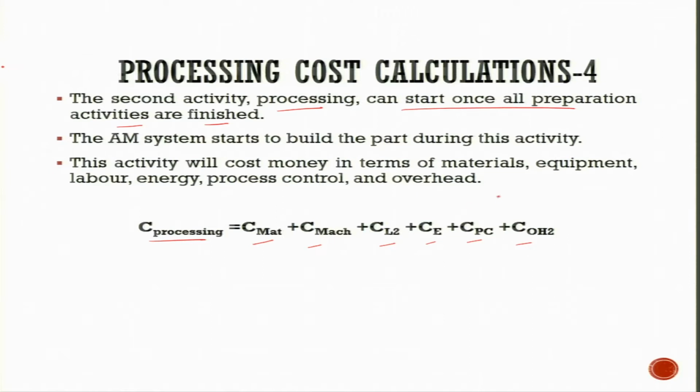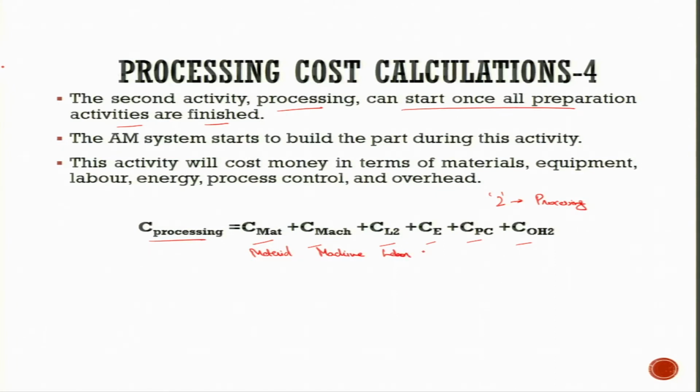Now, here 2 indicates the processing cost. So, this is material, this is machine, this is labor for the processing.